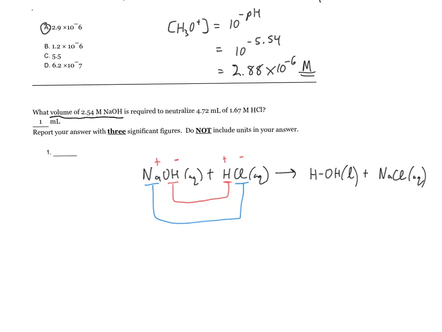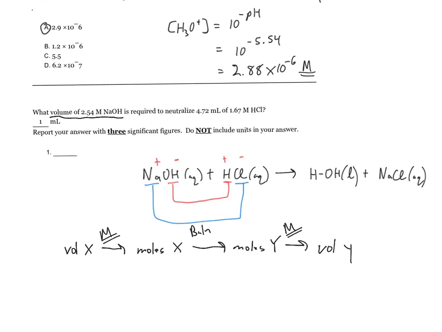So for titration, you're given a volume of X. You can go to moles of X to moles of Y to volume of Y, using the molarities to go from moles to volume and vice versa, and the balanced equation to go from moles of X to moles of Y.